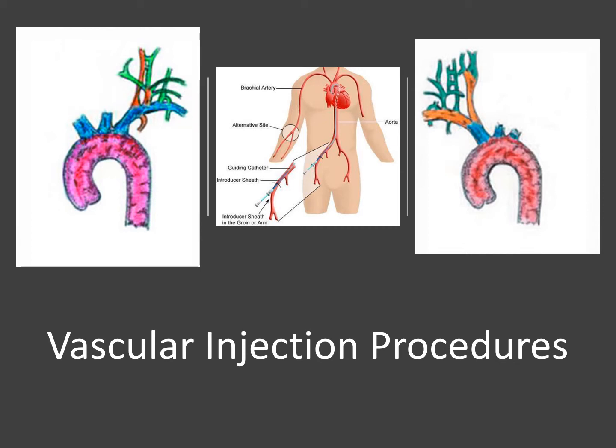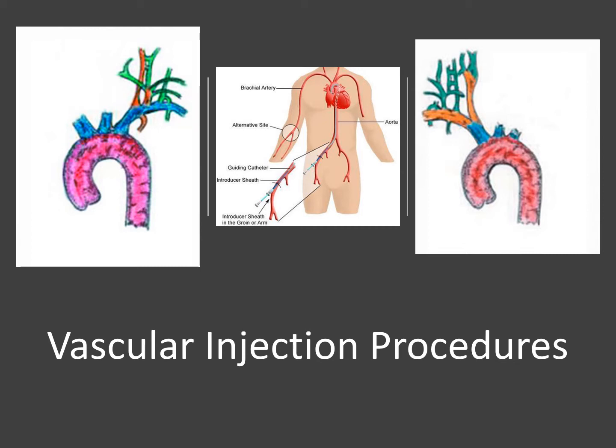With this type of procedure, you're going to notice that some of these services will require a code from the surgery section, where we are now, as well as a radiology code to reflect the imaging portion of the procedure.